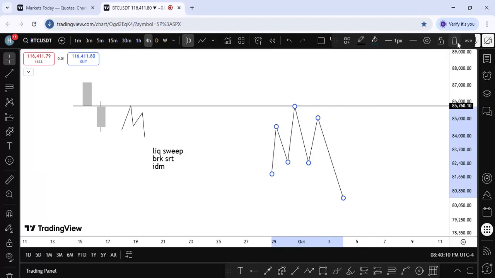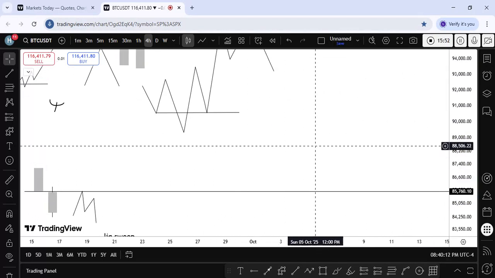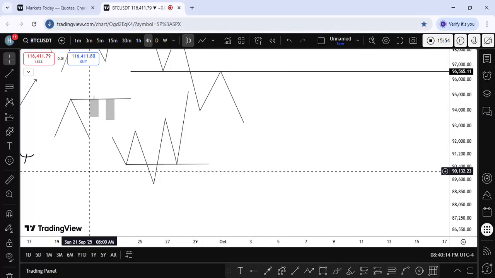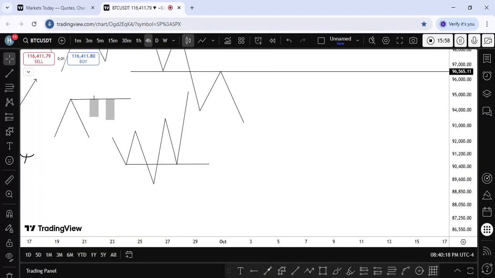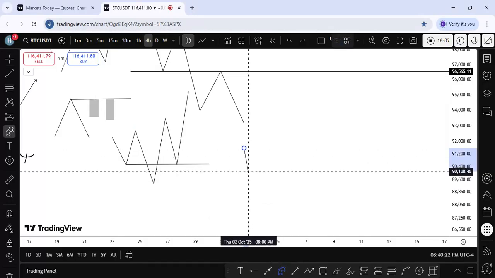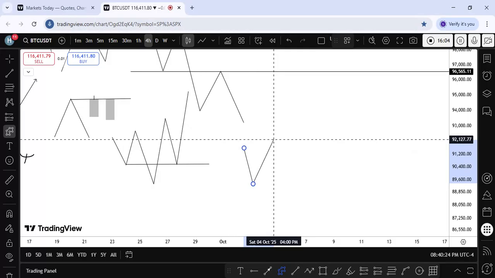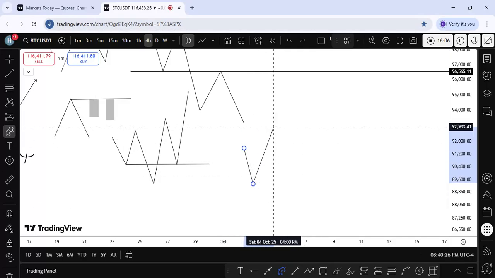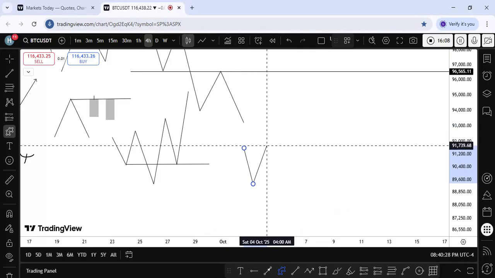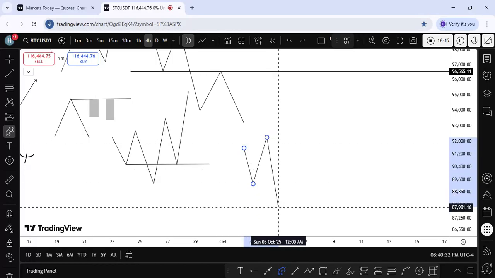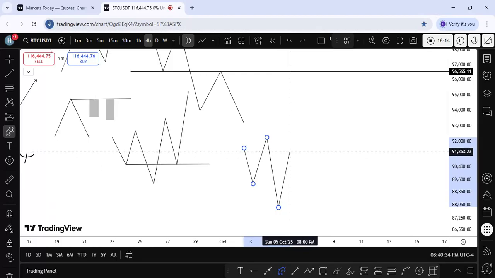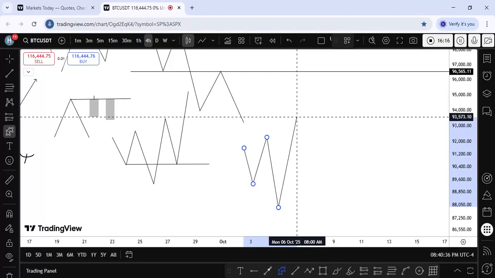Let me not confuse the names, I'll use the same as I used here. Let me give you an example on this. Price comes like this, it gives you a key level, and let's say you've marked it. Then it breaks it and it goes back again.